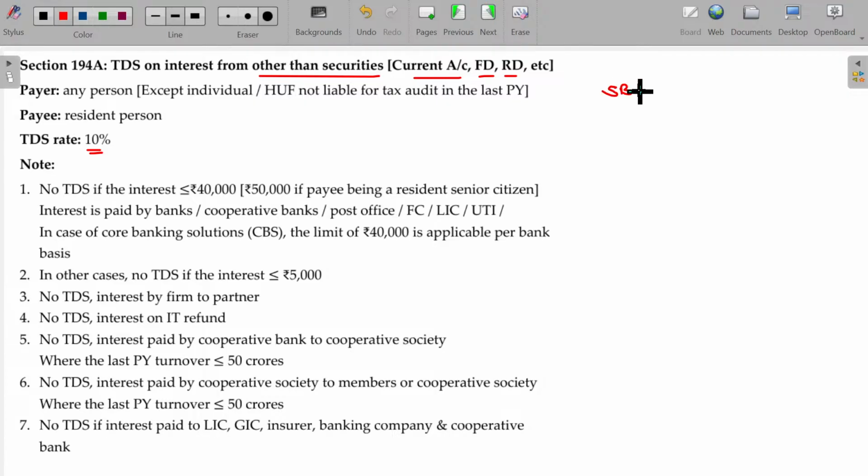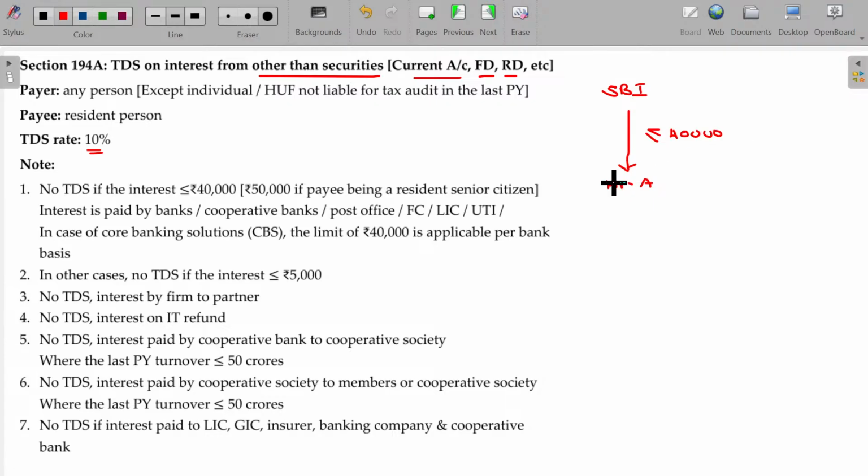Now, SBI Bank, Mr. A being the investor. If the payment is less than or equal to 40,000 in a year, TDS is not applicable.